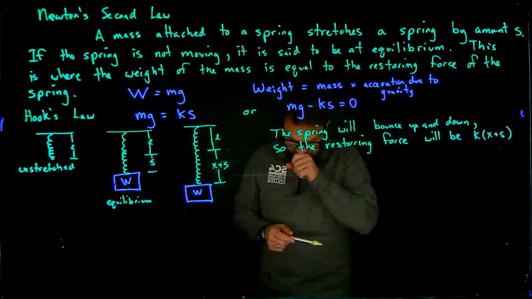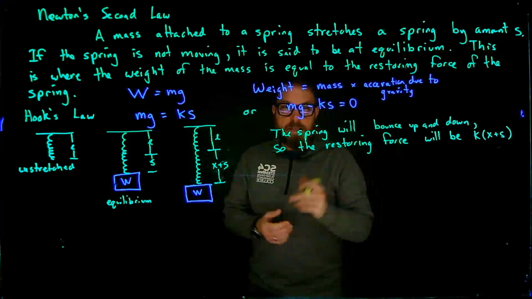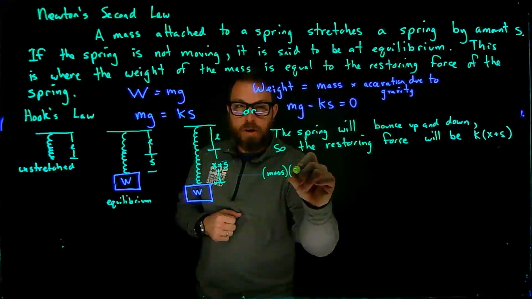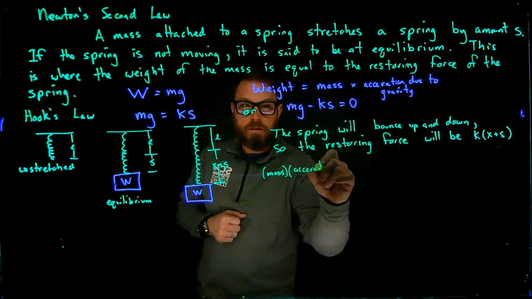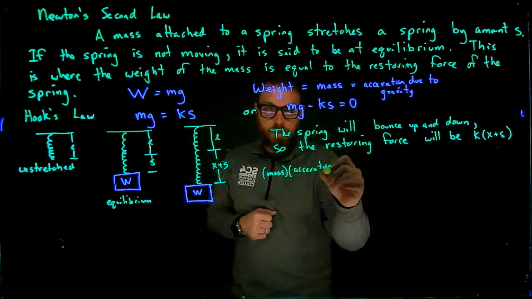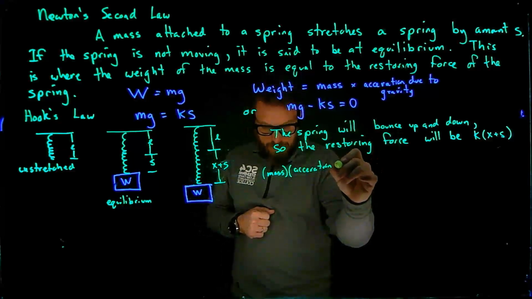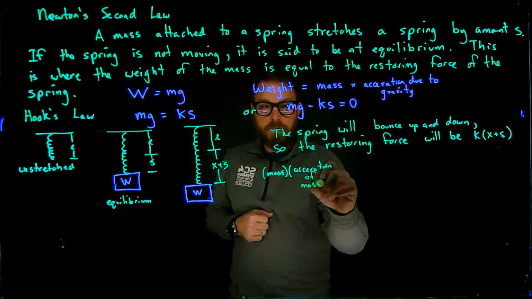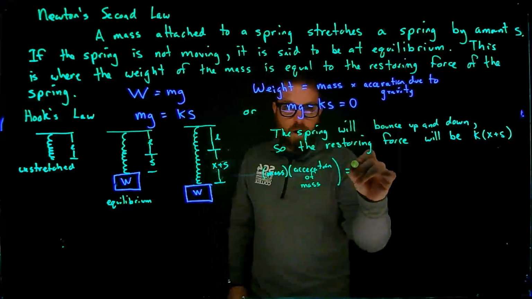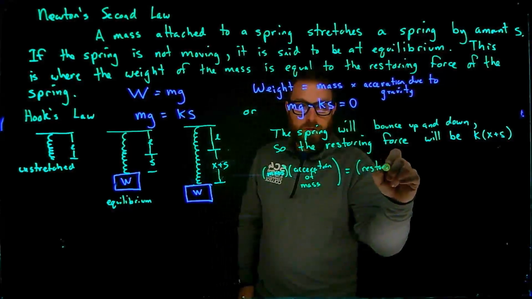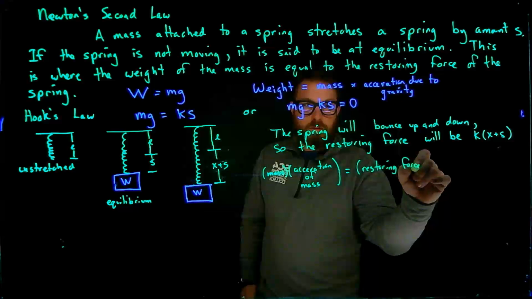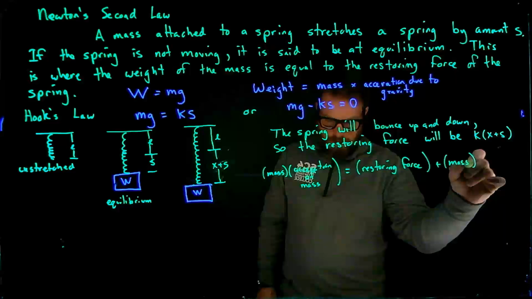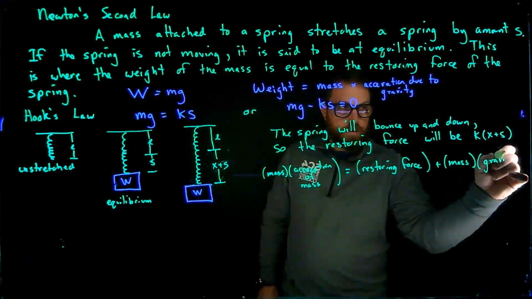So now we can set up a formula here. What we know is that our mass times our acceleration is going to be equal to our restoring force plus mass times our acceleration due to gravity.